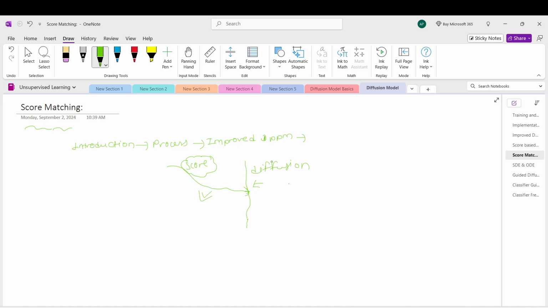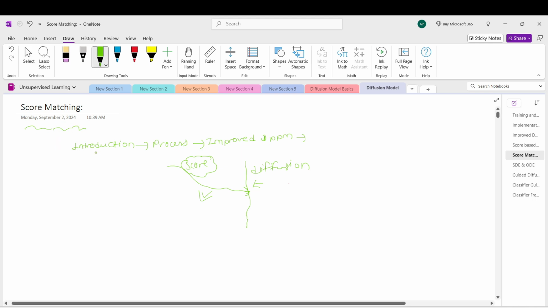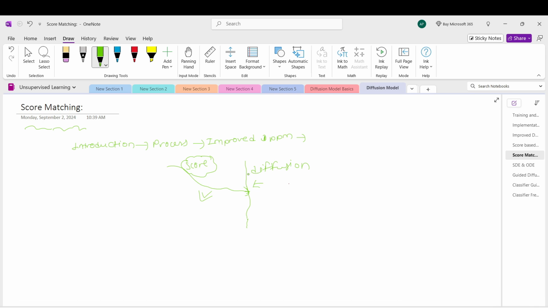You can apply score matching techniques in other generative models also, but we are going to focus primarily on the diffusion model because we are on the journey of learning diffusion models. I want to give this to you in a much more detailed way, so how can you learn score matching in the case of the diffusion model? We'll take time and understand each and every component of it. So let's start.